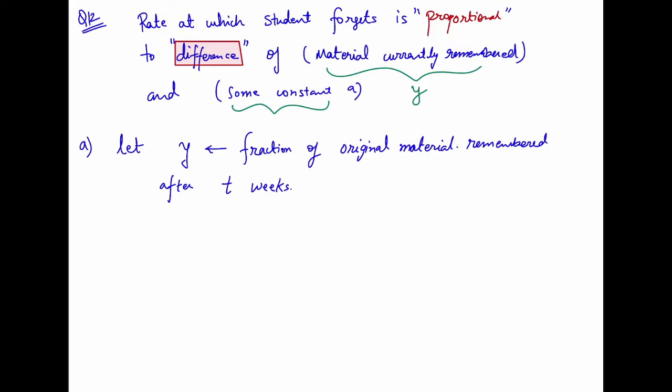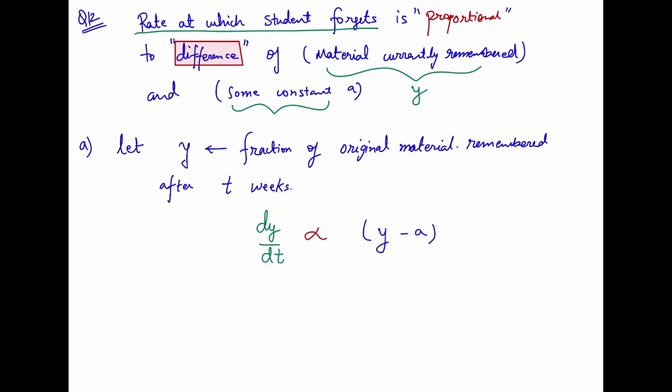From the given statement, the rate at which students forget is dy by dt, which is the change of the fraction that you remember. That dy by dt is proportional to the difference between the material remembered and some constant a, so this is y minus a.